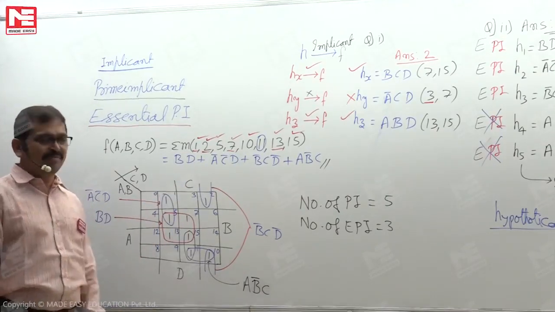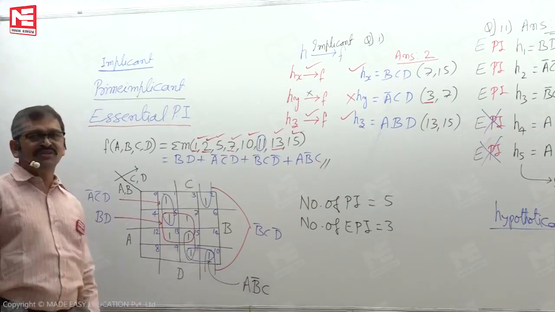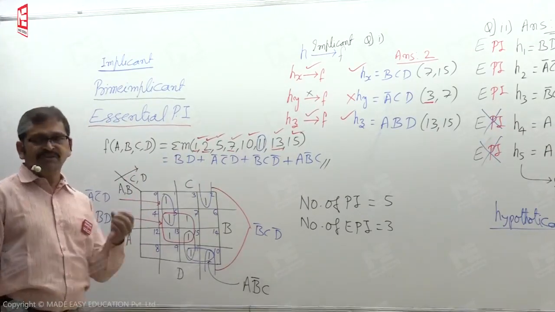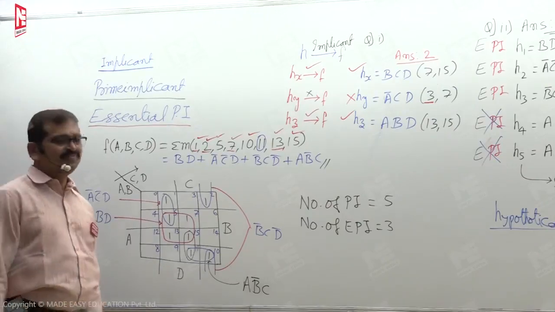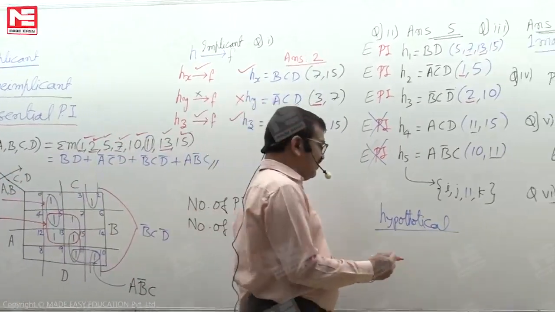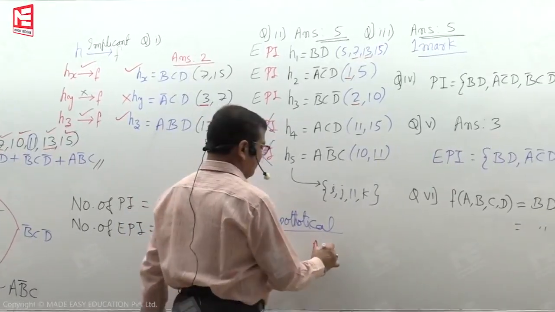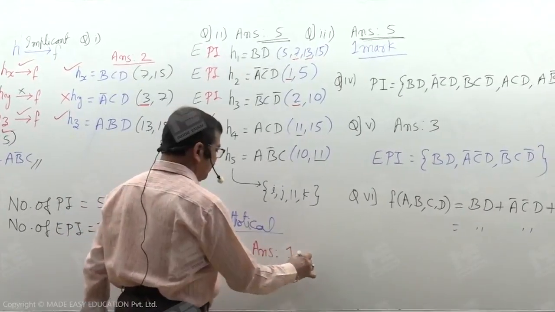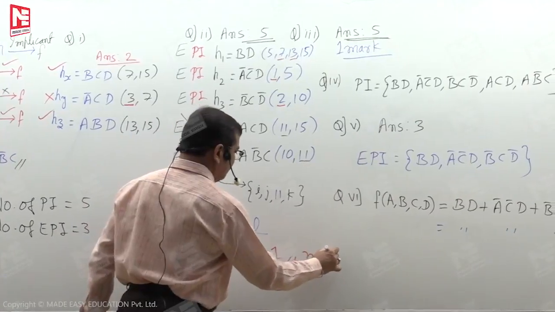In this example it is not happening, but in this hypothetical situation, how many minimal forms? Hopefully everybody is answering. The answer is only one minimal form.